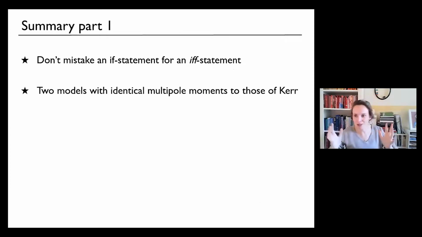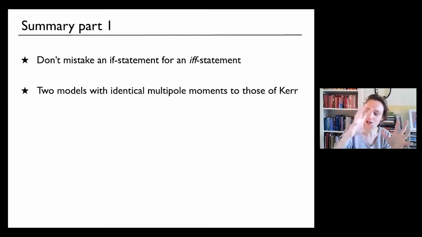So just to summarize this first part, the essential takeaway message is, don't mistake an if statement for an if and only if statement, essentially, right? It is very tempting to think of the Kerr multipole moments as being unique and completely determining the structure of your spacetime.